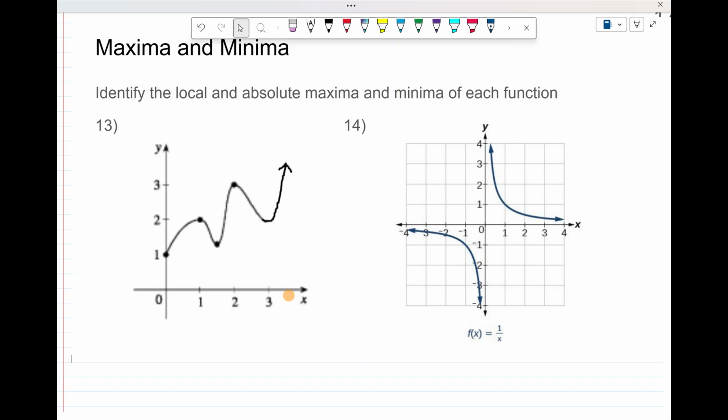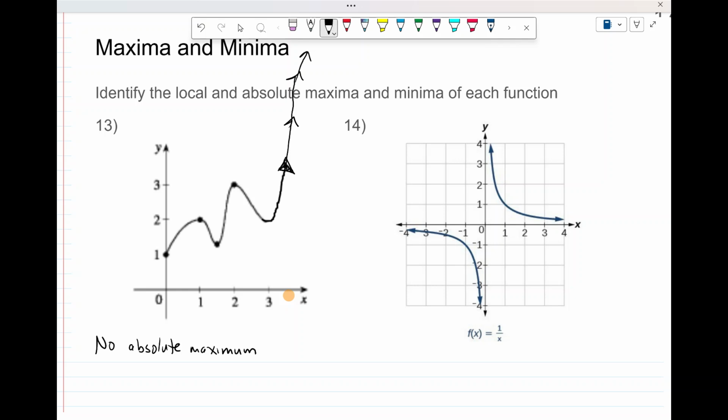I'm not going to write down in full sentences like I did in the previous example. But let's go ahead and get started. All right, let's start with absolute maximum. The absolute maximum, notice this arrow. This is telling me that this function is just going to keep going up, up, and up. So there is no absolute maximum.